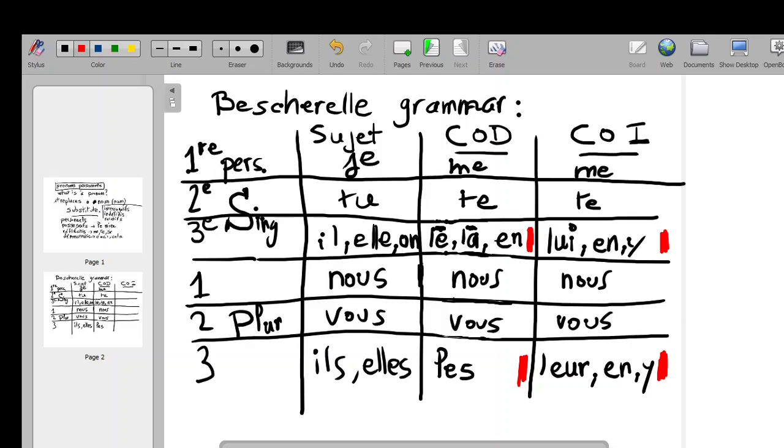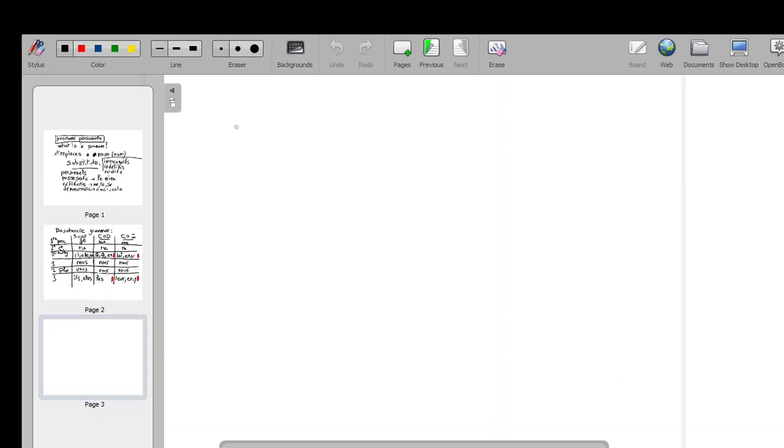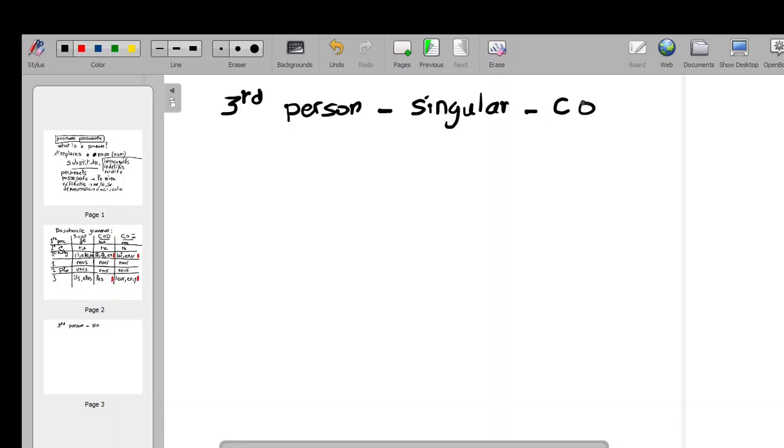Okay, so let's move on. Let's talk about third person singular and function COD. So if you go back to the table, the choices are le, la, en. So let's look at this one. Example.